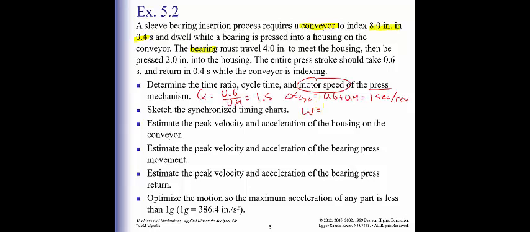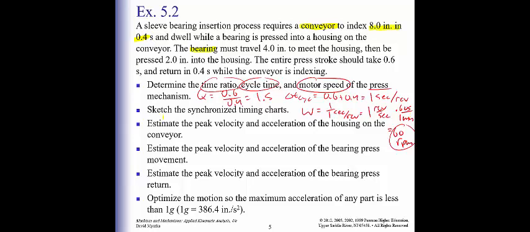So for omega, we just flip over the cycle time, which is pretty easy because it's a 1. So 1 divided by 1 second per revolution is equal to 1 revolution per second. Then you can multiply that by 60 seconds over 1 minute, and this is going to equal 60 RPM, 60 revolutions per minute. So we got the time ratio, the cycle time, and the motor speed, 60 RPM for that first part.